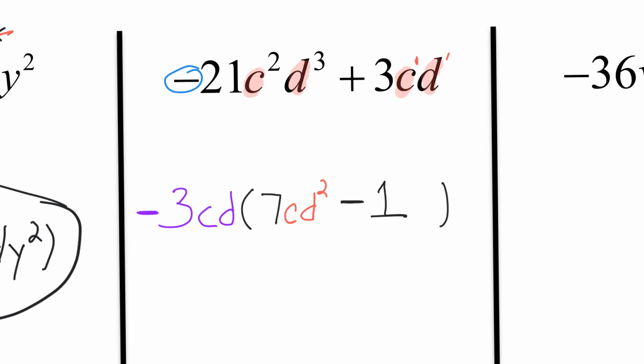And there's a c, but you took out the c. We're not going to have a c. There's a d. You took out the d. We're not going to have a d. And guess what, guys? We do need that 1 here because we don't have any variables next to it. So your answer is right here. You guys have a negative 3cd times the quantity of 7cd squared minus 1. Make sure you guys have that 1 at the end.